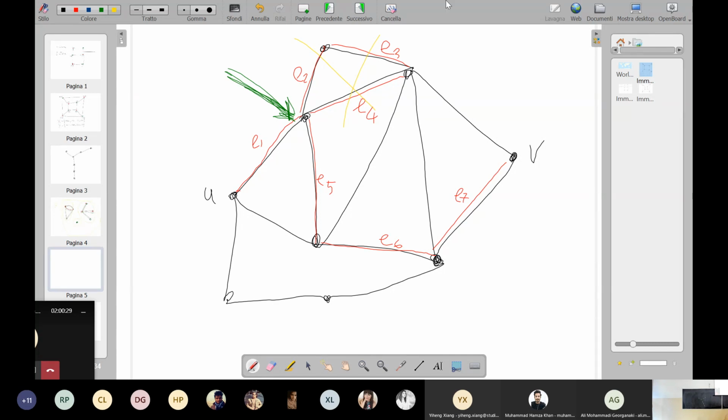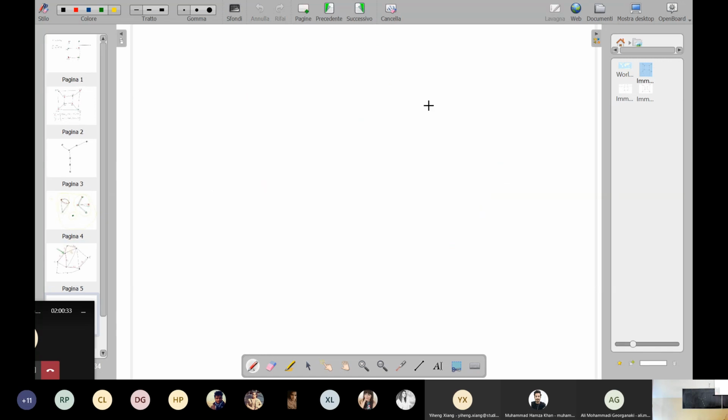Now we don't have any more drawings. We have an unknown graph, and I have a certain walk in the graph from U to V. How can we give a procedure to extract a path out of it? And we don't have just one repetition of a vertex.